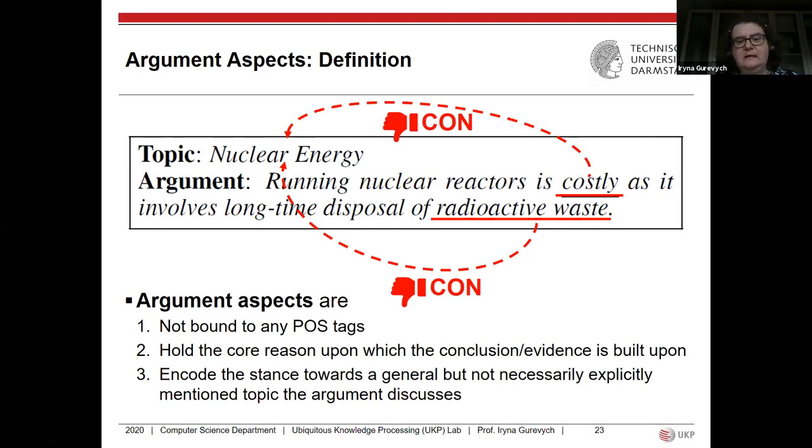So in this case, they encode the stance con because the price is high, which is bad, and the radioactive waste is also, of course, bad. It should be noted that the topic is not explicitly mentioned in the sentence.